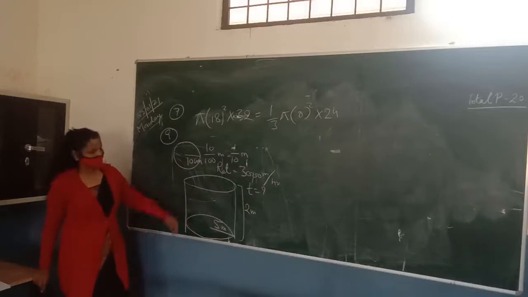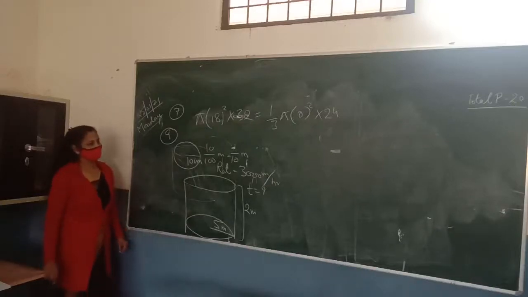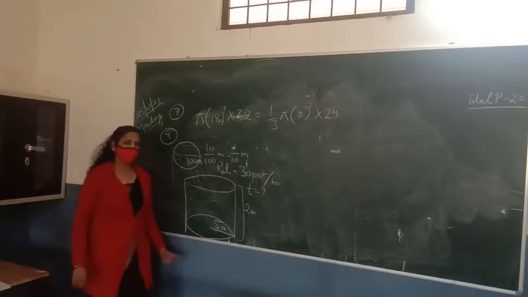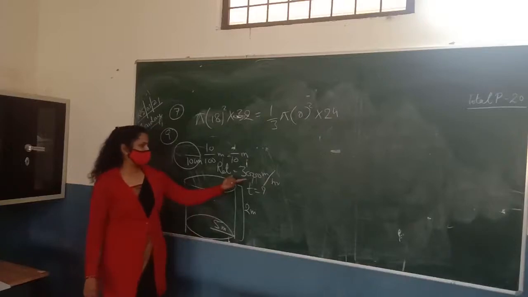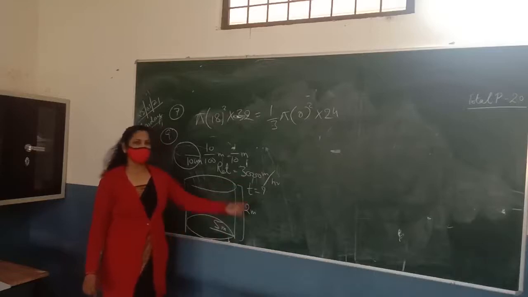Okay, Priyanshu, explain this question. How can you solve it? First we find the cross-section area, then we find the speed. The speed is already here, 3000 meters per hour, which we have already converted into meters per hour.